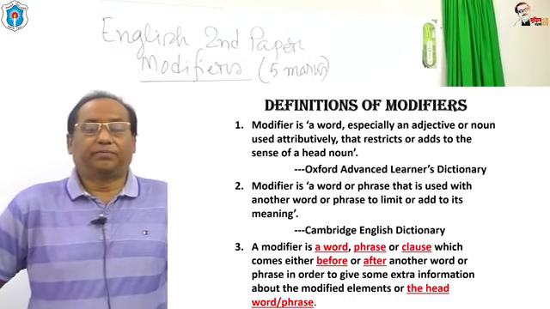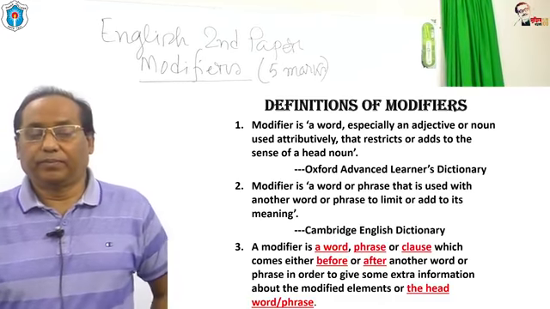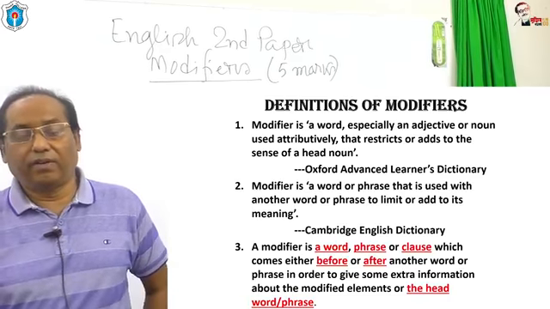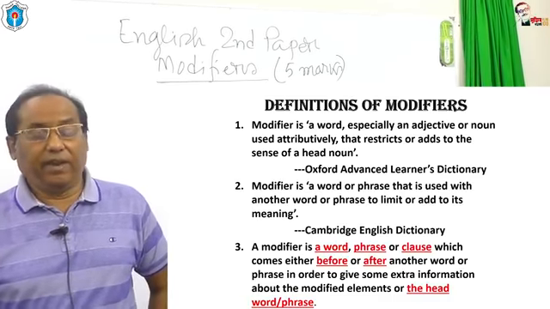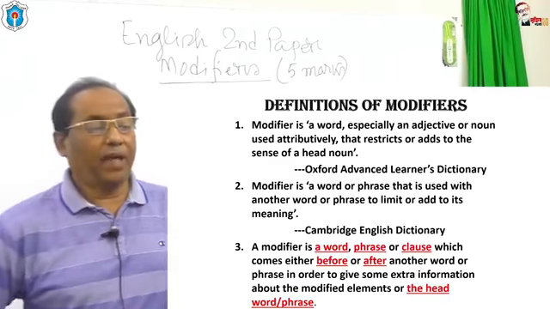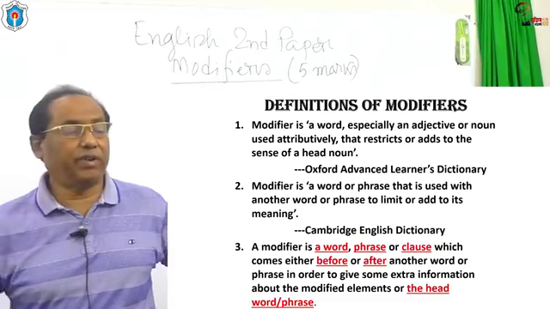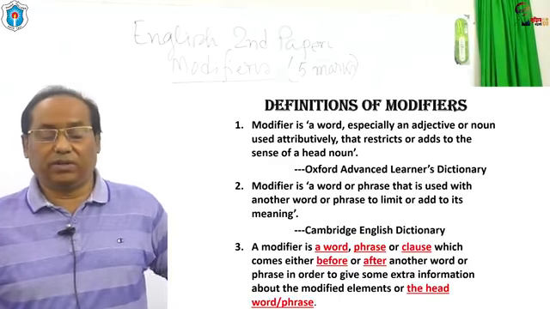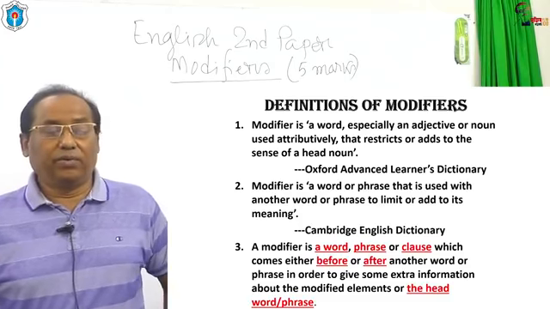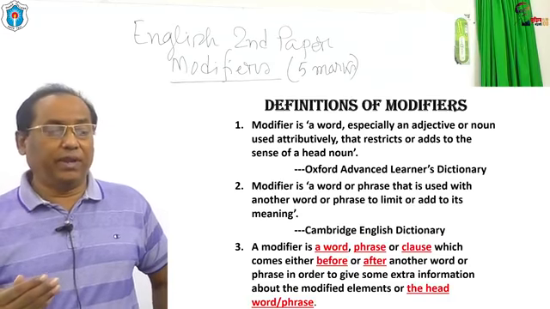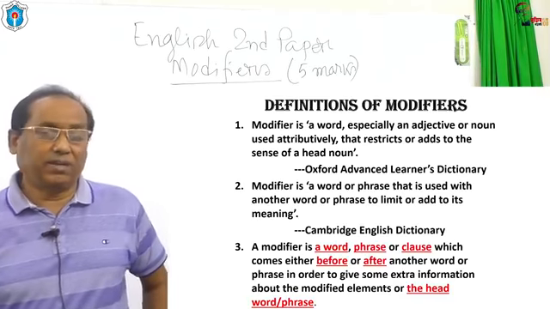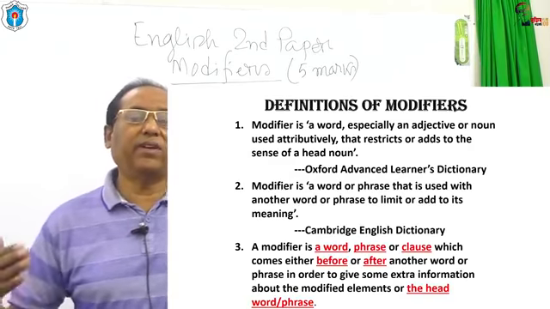At first, let us see the definition of modifier as given in Oxford Advanced Learners Dictionary. According to this dictionary, modifier is a word, especially an adjective or noun used attributively that restricts or adds to the sense of a head noun.